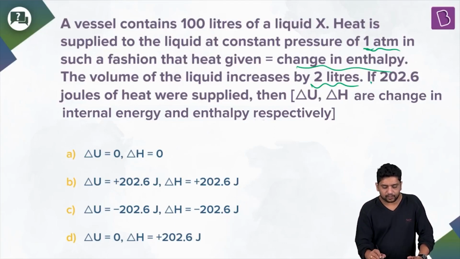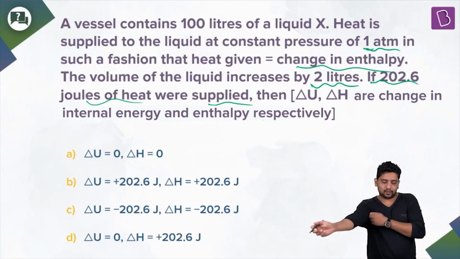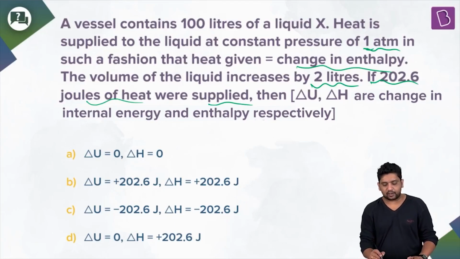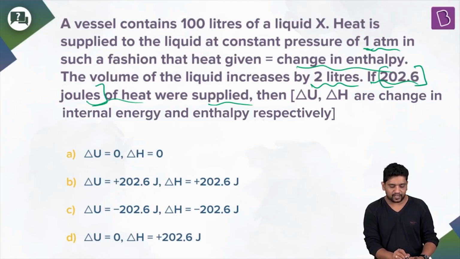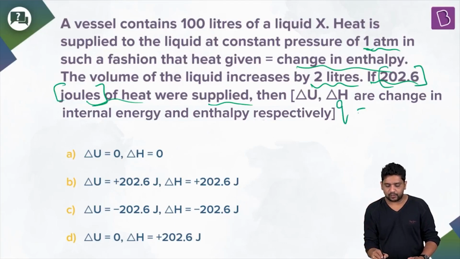If 202.6 joules of heat were supplied, then delta U and delta H are what we are going to speak about here, right? So first law is something that we can definitely speak about. We are also given the definite value of heat. 202.6 joules of heat were supplied, which means that Q will be equal to plus 202.6.